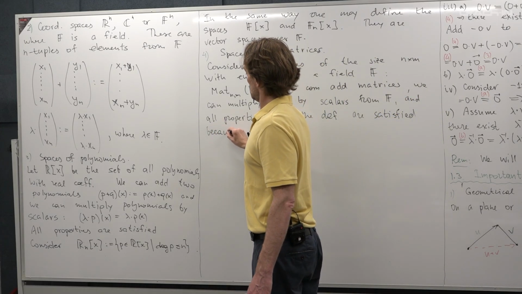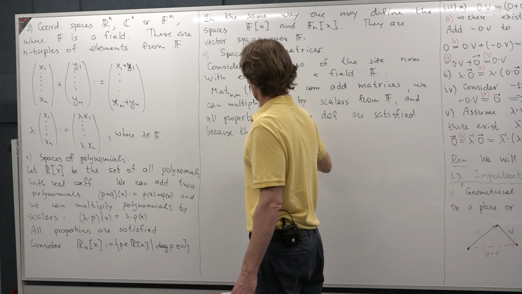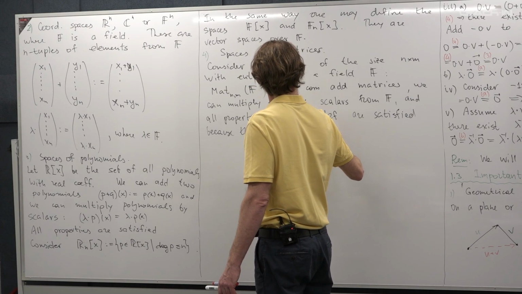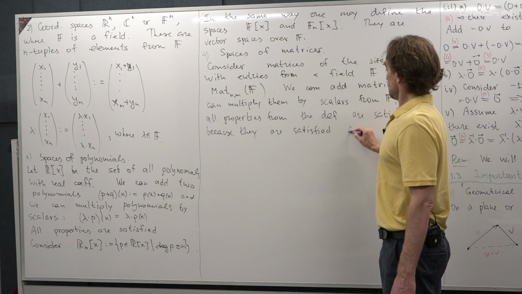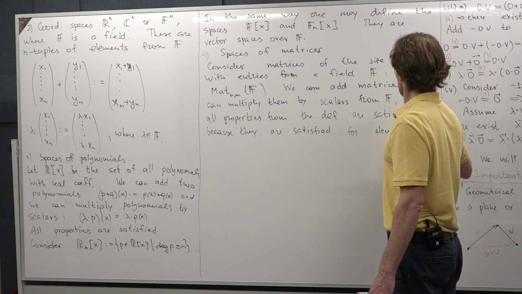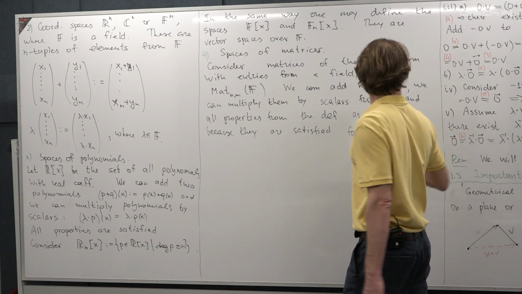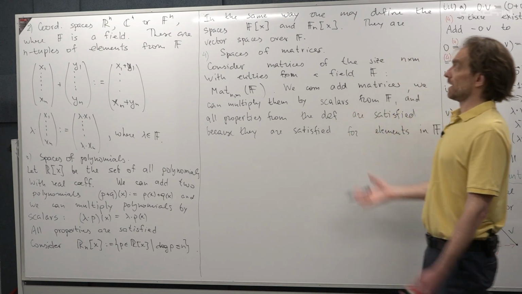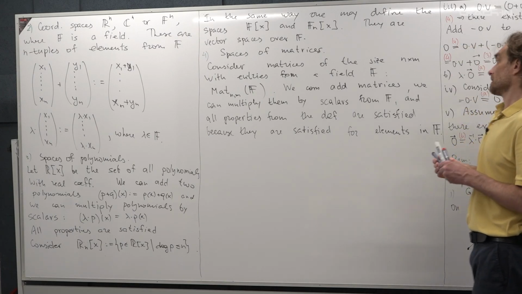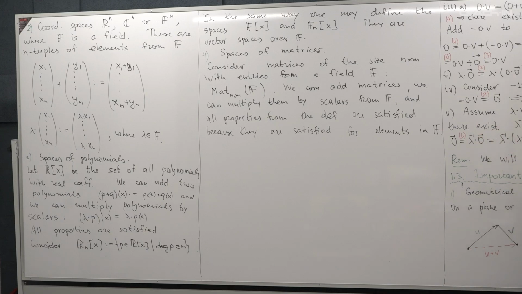because they are satisfied for elements in the field F. When we add matrices, we just add them component-wise, and that's why if some property is satisfied for all elements from the field, then the same property is satisfied for the matrices.